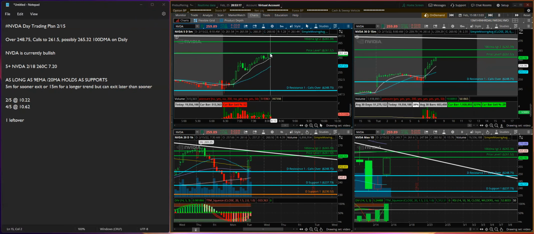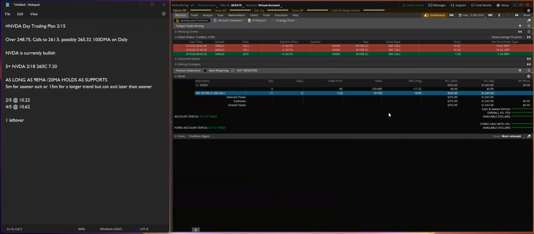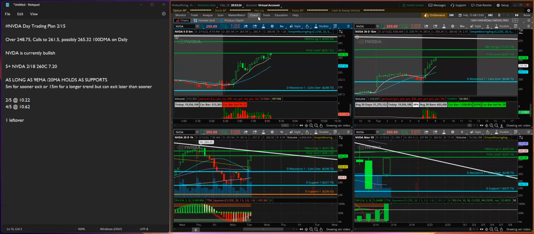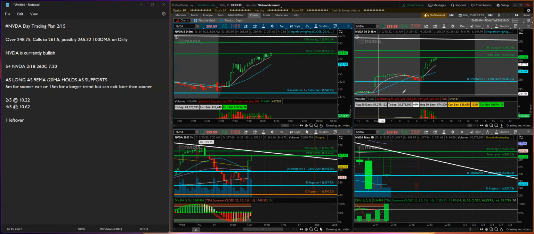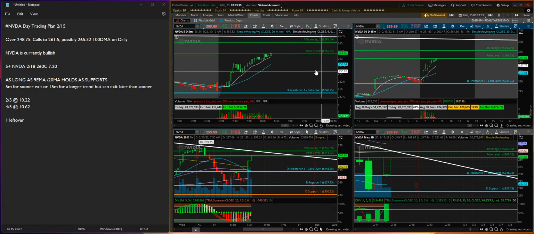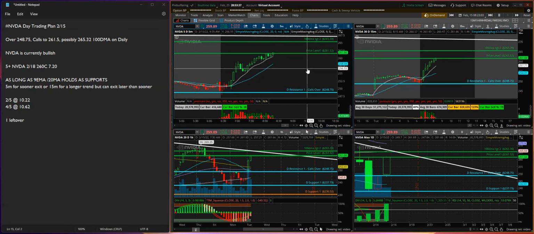And there we go. We hit our 261.60 target. Currently calls are, I don't think this is right, but let's give it a couple seconds to load the data. Give it a couple minutes. Data is loading right here.